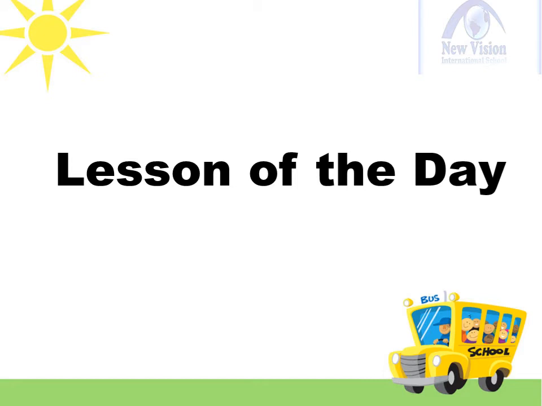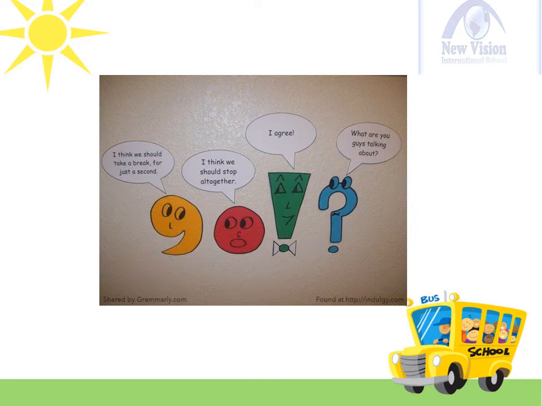And now, we're going to start learning the lesson of the day. Students, please take a quick moment looking at the picture. What can you see in the picture? Yes, you're right.